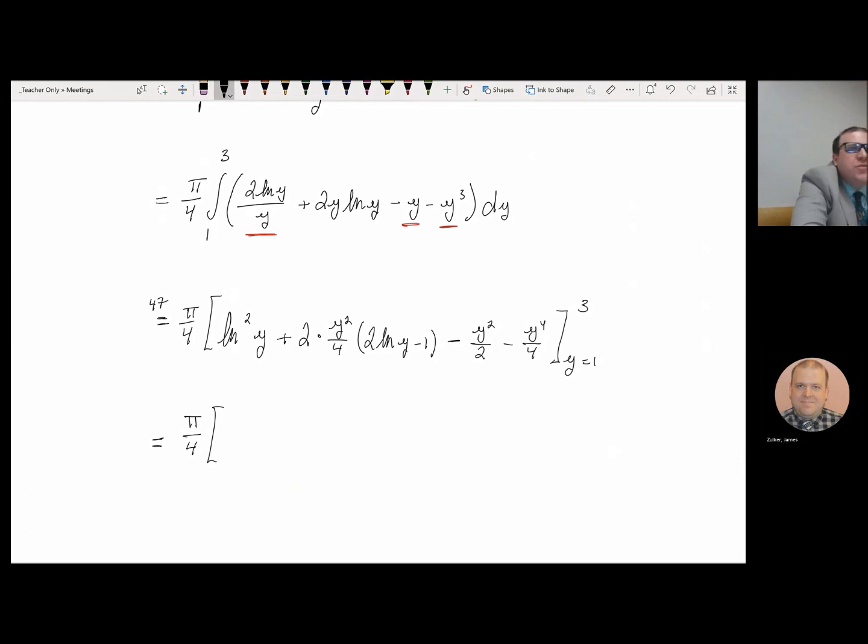Log squared y from 3 to 1. You get log squared of 3 minus log squared of 1. What's log of 1? 0. So we don't have to worry about that term. Plus, here's the fun part. 9/2 times 2 log of 3 minus 1.